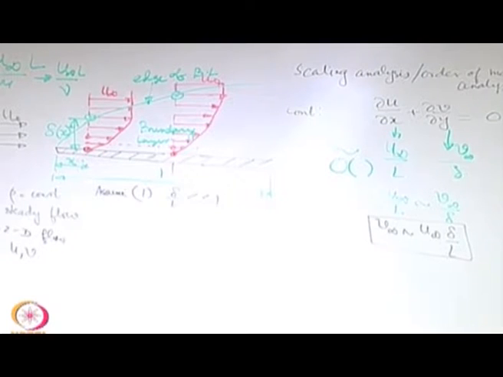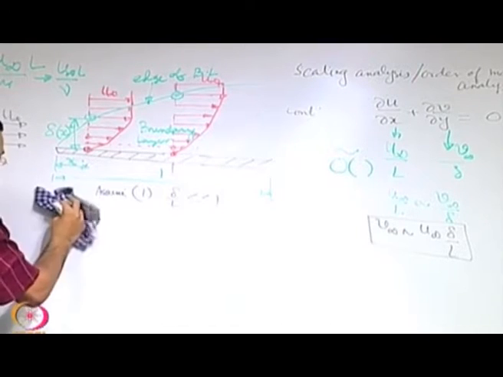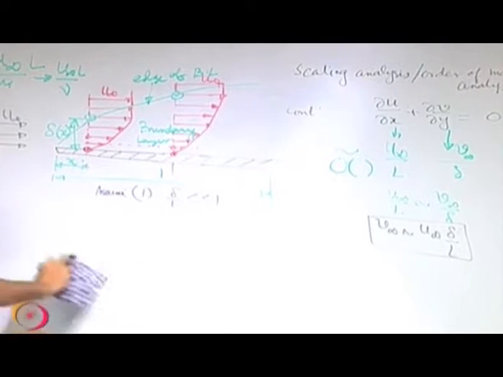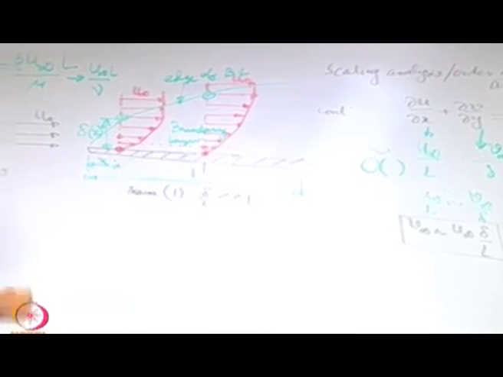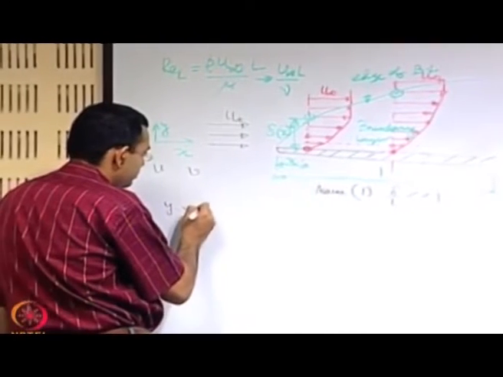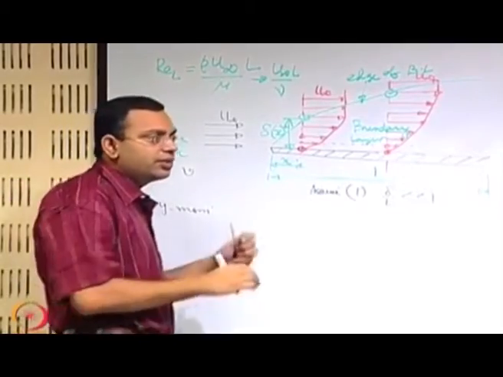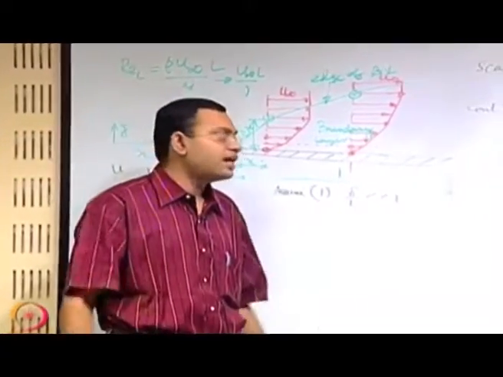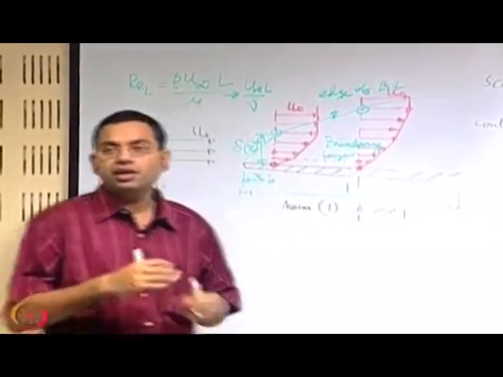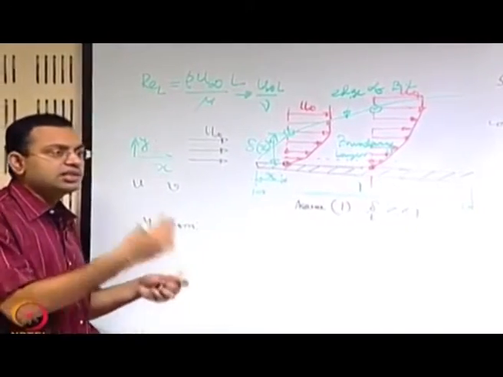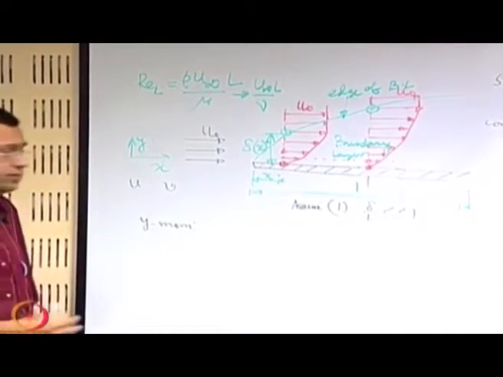Now with this understanding, let us go to the momentum equations. Before going into the momentum equation along the x direction, which is the dominating effect here, we will first look into the momentum equation along the y direction. So the y momentum equation. Since density is a constant, we will divide both sides of the momentum equation by the density, so that the viscosity will be converted to kinematic viscosity.